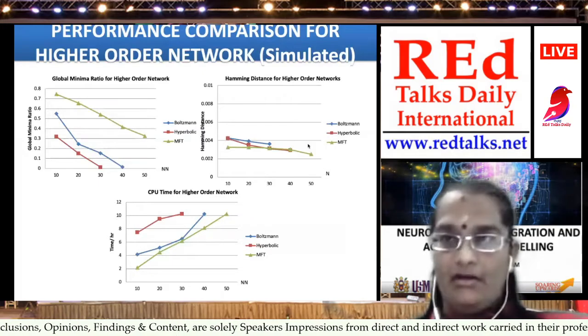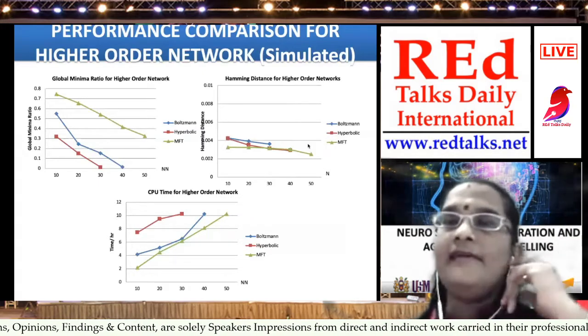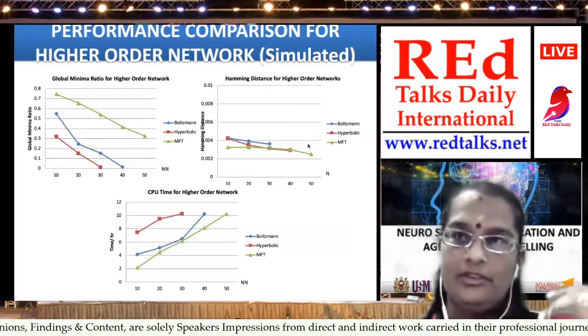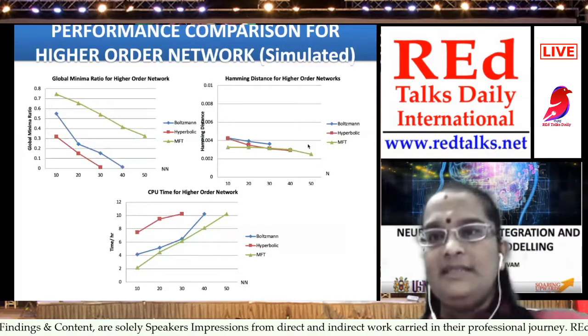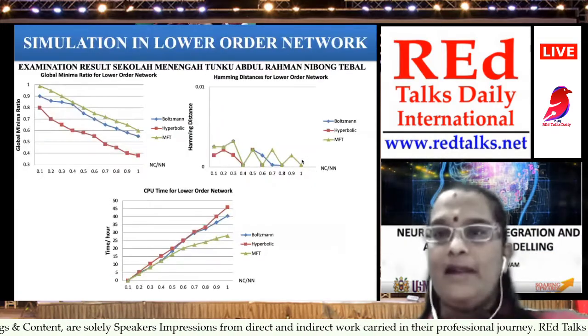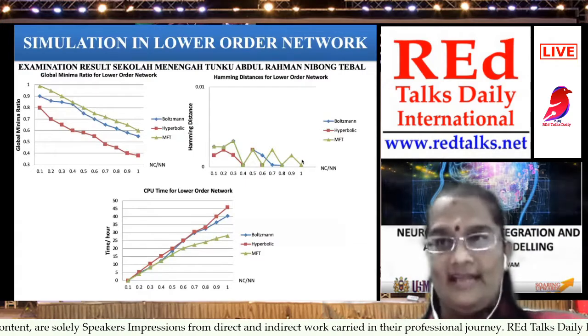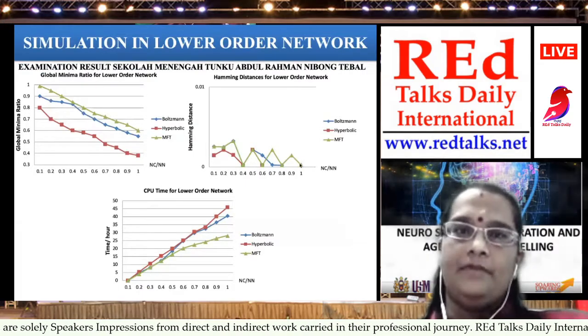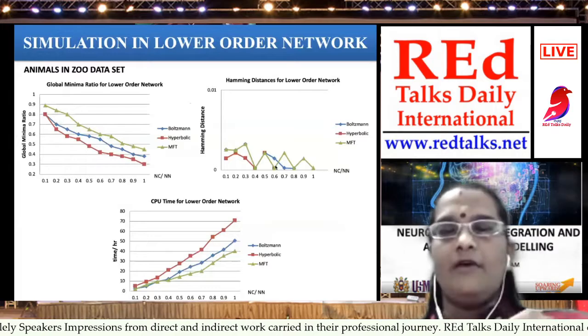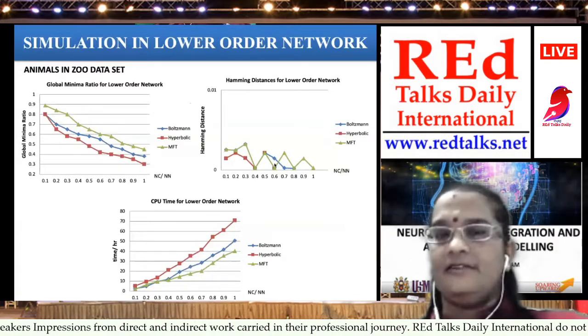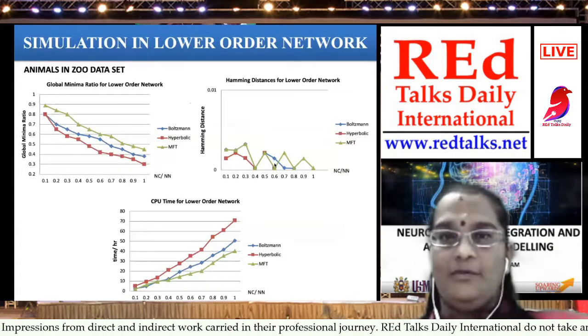Okay, this is for higher order network. As I said previously, when this algorithm or approach was introduced, we limited it to 3 order only. But now I can move to K set, that means K order. This is lower order, some of the real life results of school students, how is their performance?